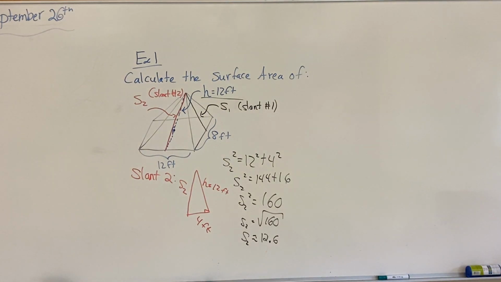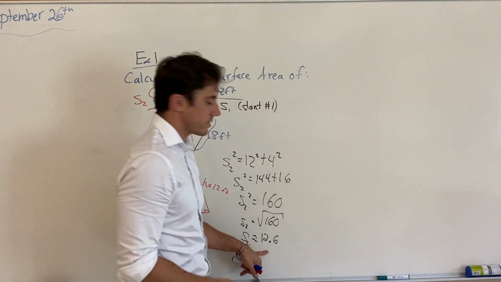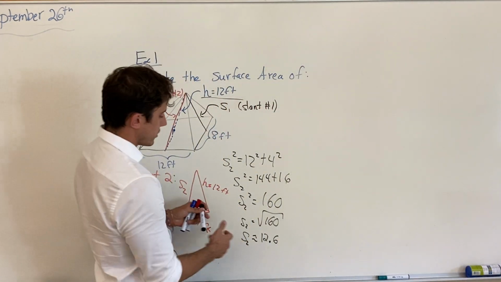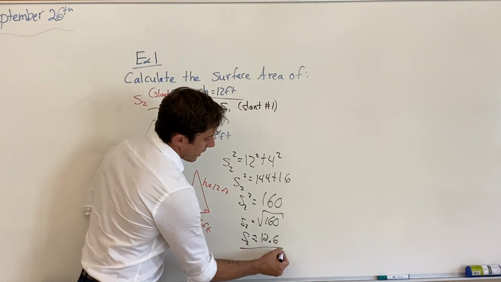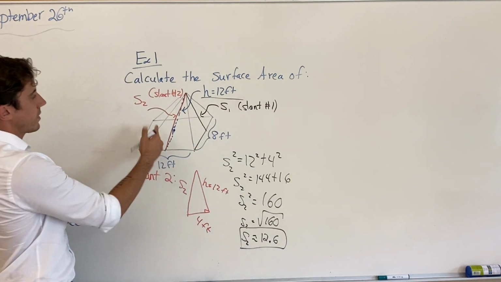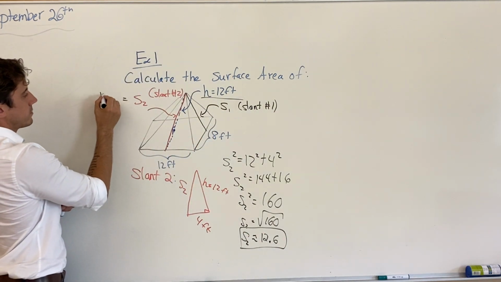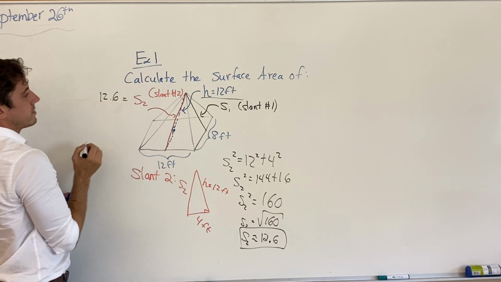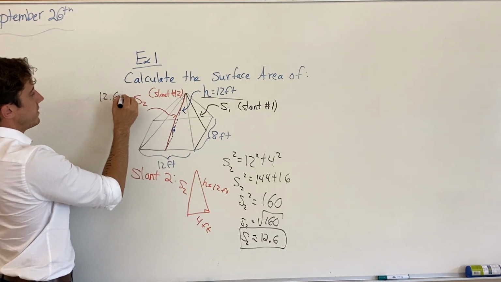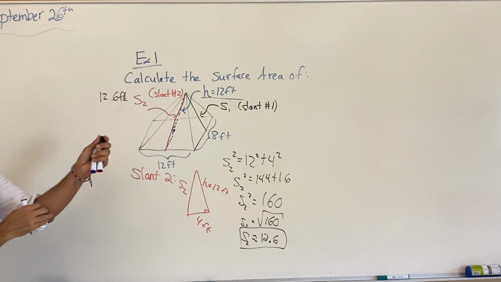We have the square root of 160, 12.649, so 649 rounded to the nearest decimal place. Let's keep that as 12.6. So we have our first slant height for over here being 12.6, and our units are feet, right?